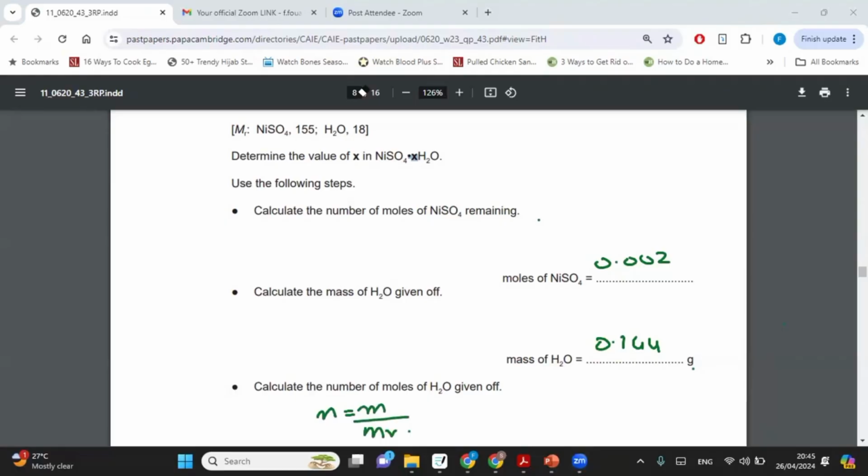So what are we going to do? The mass given to me is 0.144. The MR is 18. So can somebody calculate the moles and let me know?